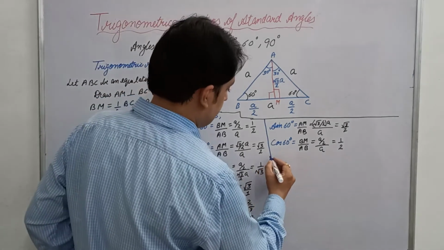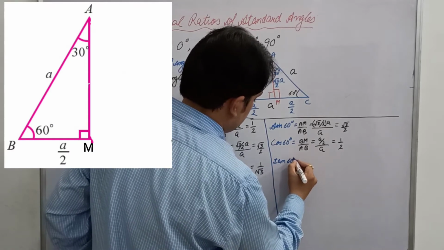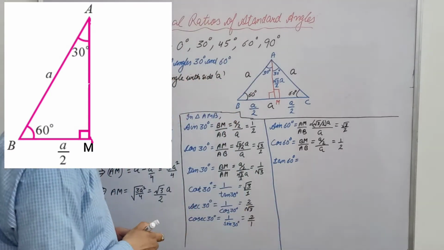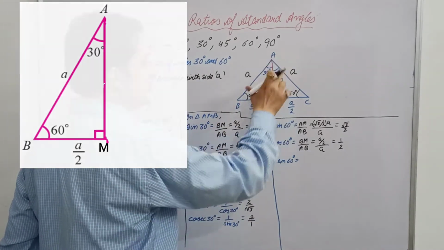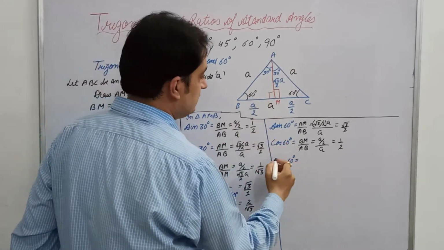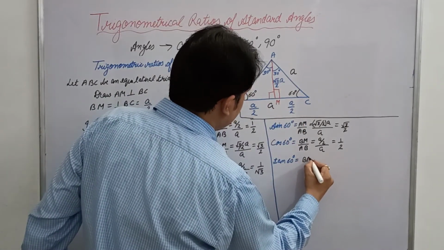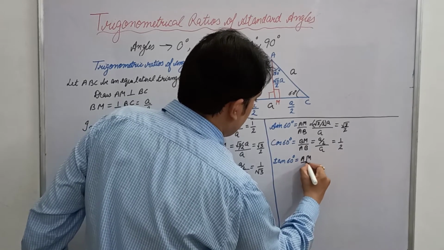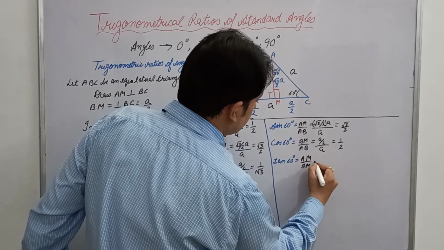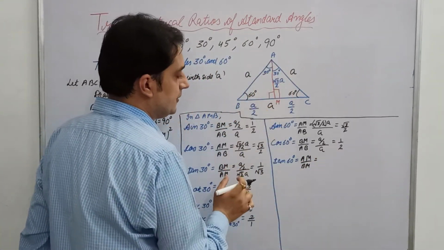And next is tangent. Tangent is a ratio between perpendicular and base. For tangent 60, the opposite side is perpendicular, the adjacent side is base. So now it is clear to you, that is AM upon BM, perpendicular by base, perpendicular AM, base BM.